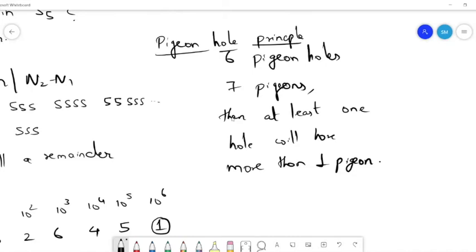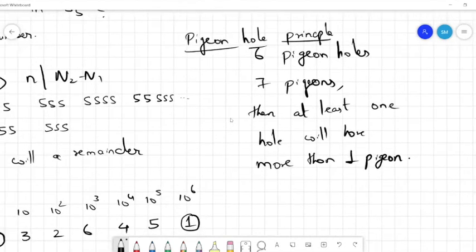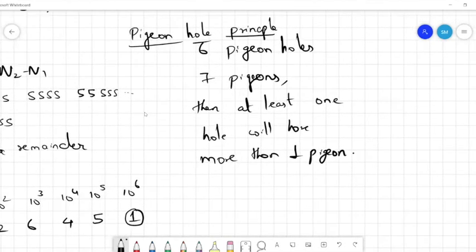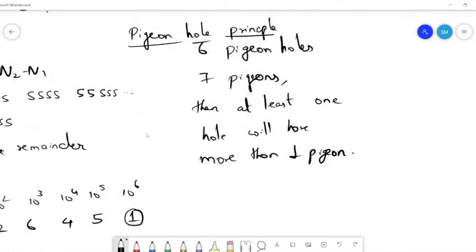So can we visualize this logic in this question of repetition of remainder? What would be the pigeonholes and what would be the pigeons? Yes, the remainders from 0 to 2020. There are 2021 pigeonholes, and all the numbers in the sequence of 5s are the pigeons.